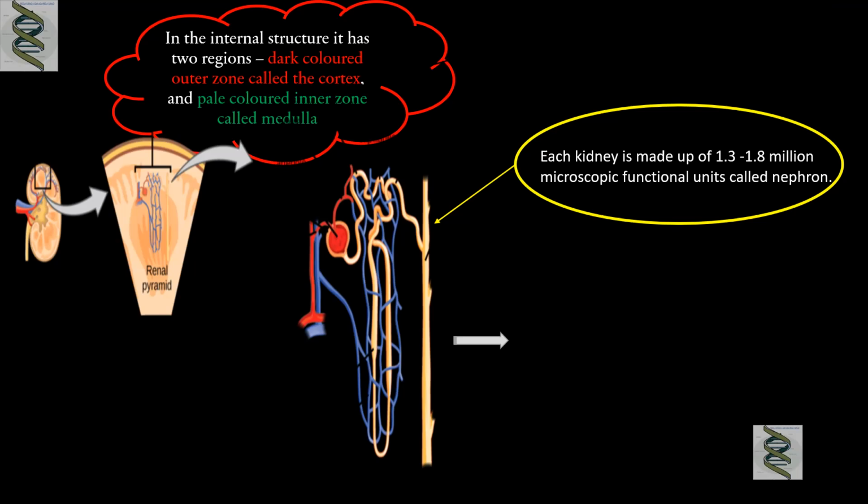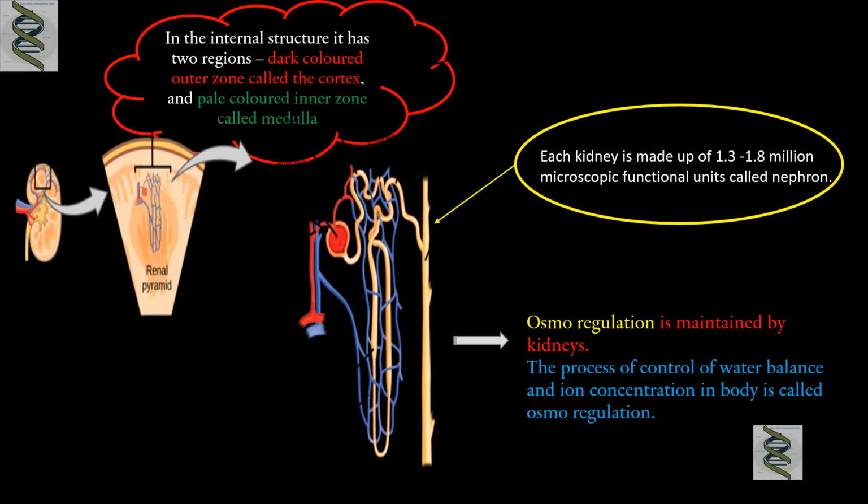The main function of the kidney is that it maintains osmoregulation in animals. Osmoregulation means the process which controls water balance and ion concentration in the body.